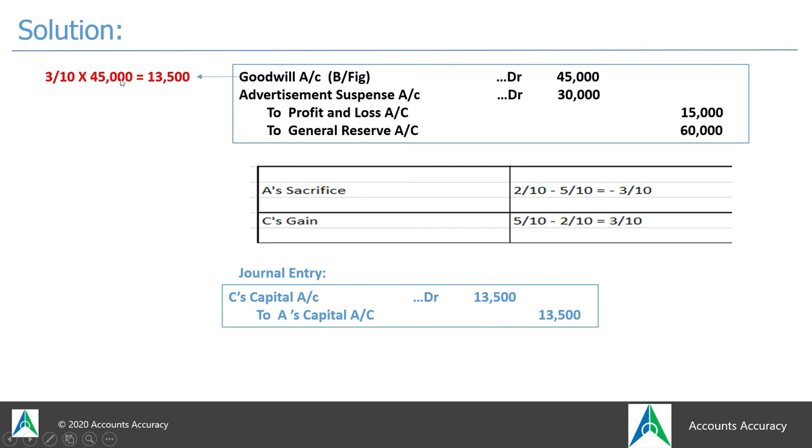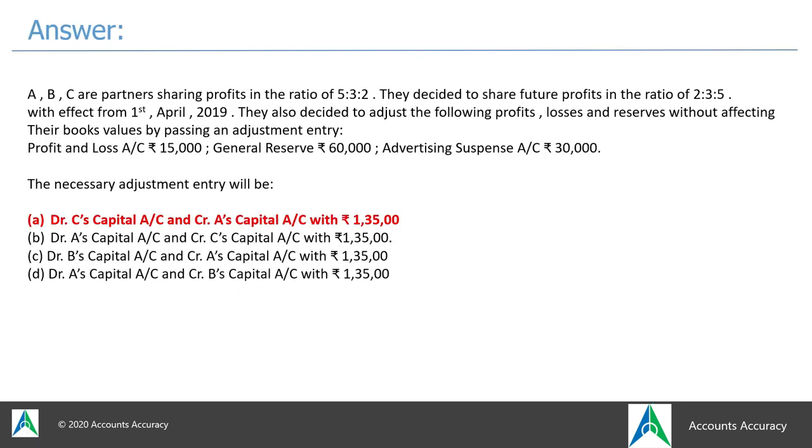So 3 by 10th portion of 45,000 is coming 13,500, which will be sacrificed by A to C. So our journal entry: C is gaining, debit the receiver and credit the giver. So C's capital account to A's capital account, and your correct option is debit C's capital account and credit A's capital account with 13,500. I hope you have understood this sum.